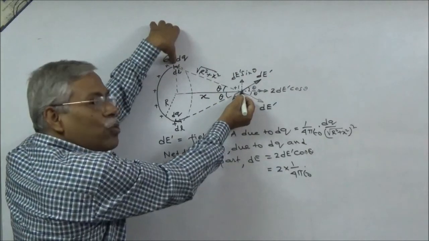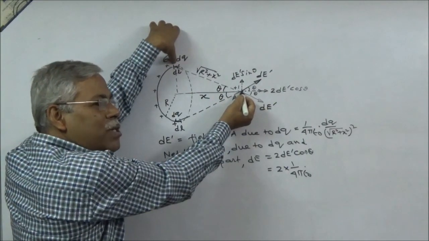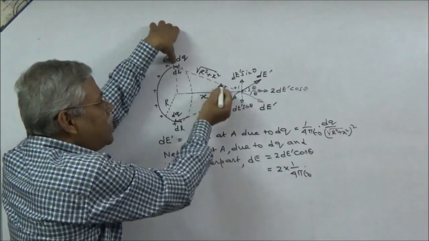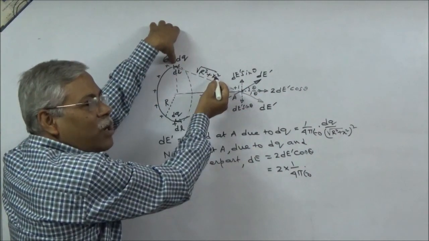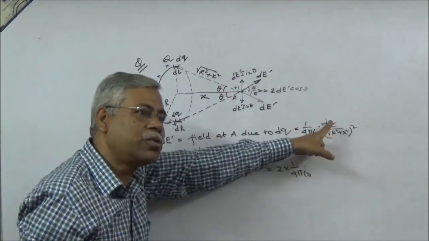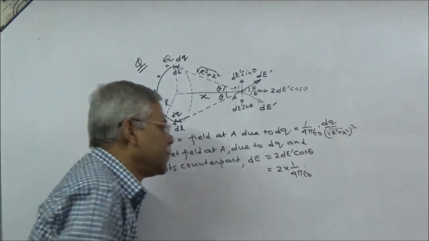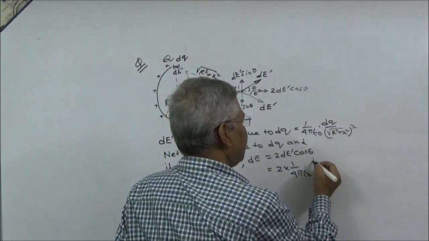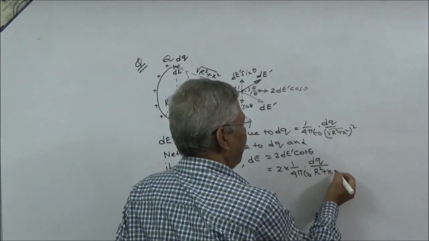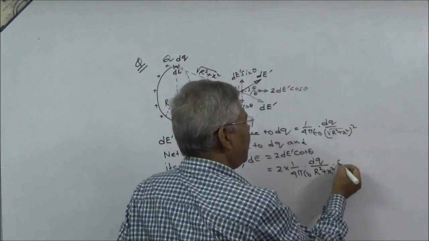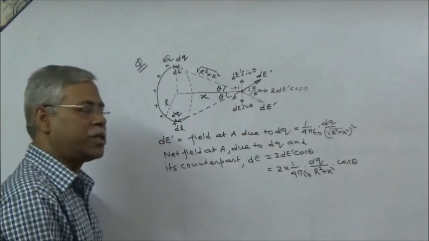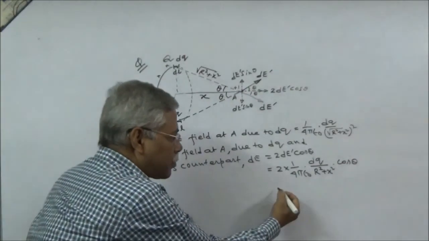How much is q2? 1. You have +1 charge here. So dq into 1 divided by the distance square. What is the distance? Root over r square plus x square. So distance square means root over r square plus x square whole square. So put this: 1 by 4 pi epsilon naught into dq by r square plus x square into cos theta. Now replace dq.